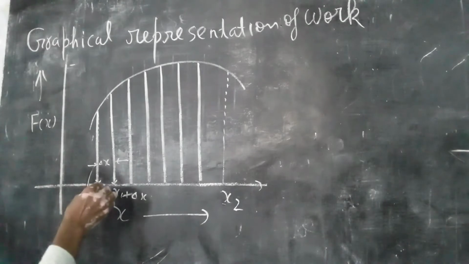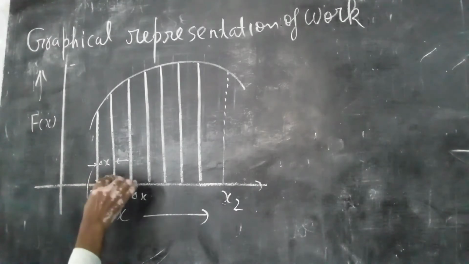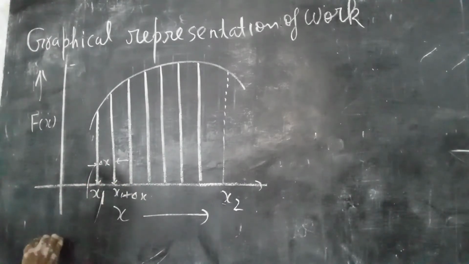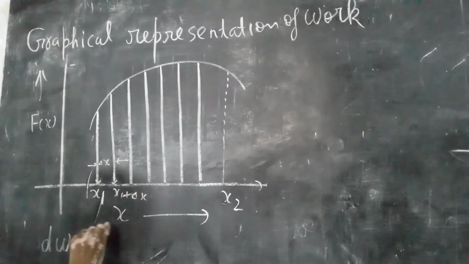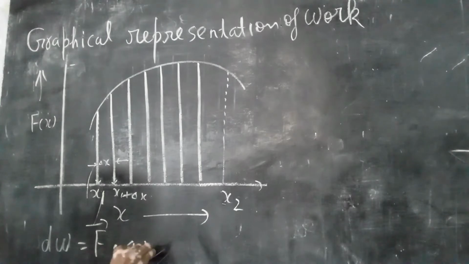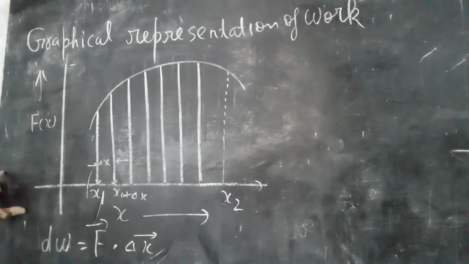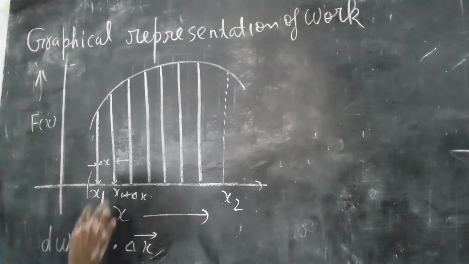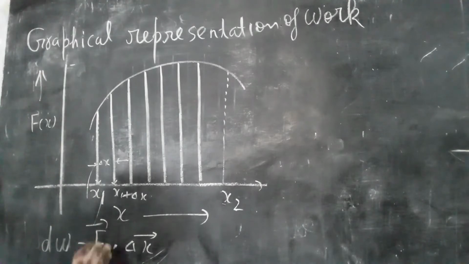Then the work done in displacing the body from position x1 to x1 plus delta x will be dW equal to vector F dot delta x. The direction of force and displacement for this displacement is the same, and the magnitude of force is constant. ठीक है.